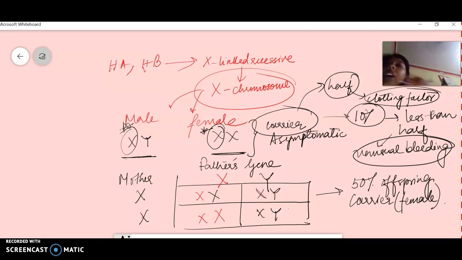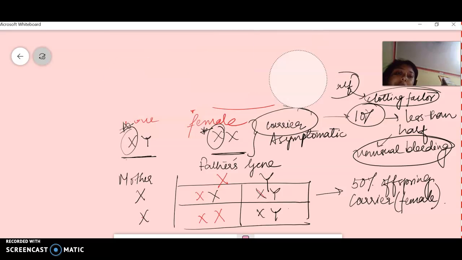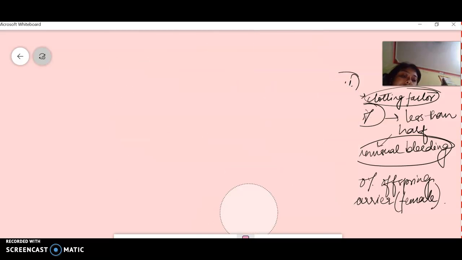Now I will move on to the next case. This is a father and this is a mother.